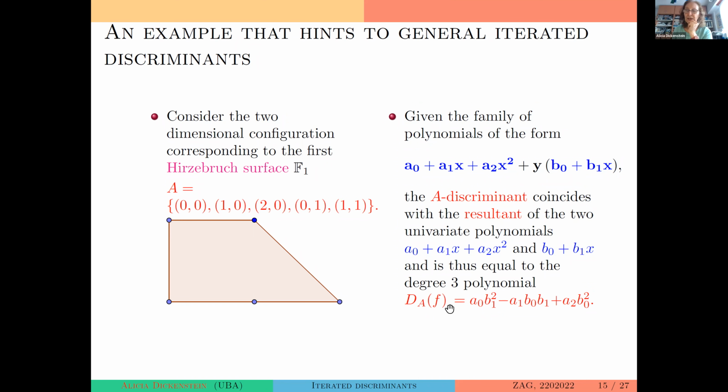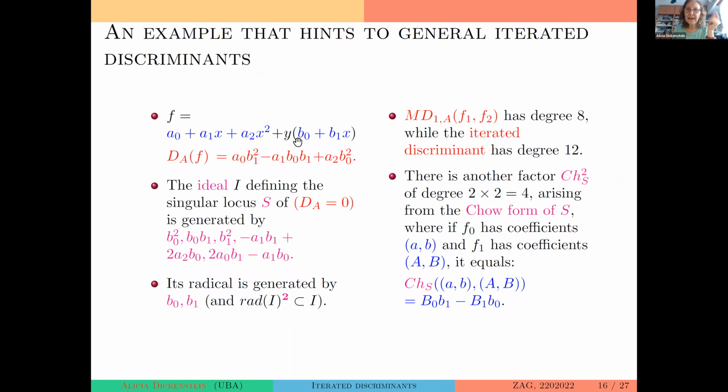This is the closure of the condition under which a polynomial with these coefficients will have a singular point xy in the torus with non-zero coordinates. So we have f, we have the discriminant, and then we consider the singular locus, but the schematic singular locus.